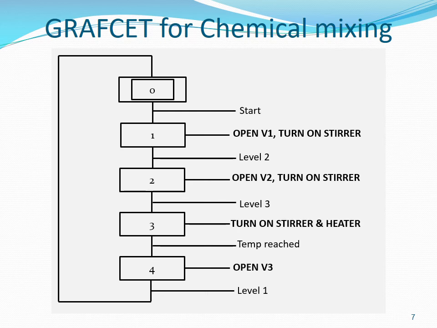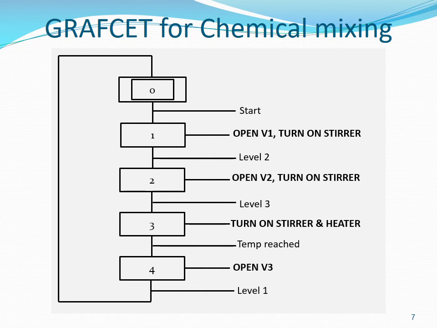During step 1, valve V1 is opened and the stirrer is turning. Valve V1 allows the first chemical to be added into the mixer. As the chemical is being added into the mixer, the level in the mixer rises. When the level gets to level 2, the system moves from step 1 to step 2.